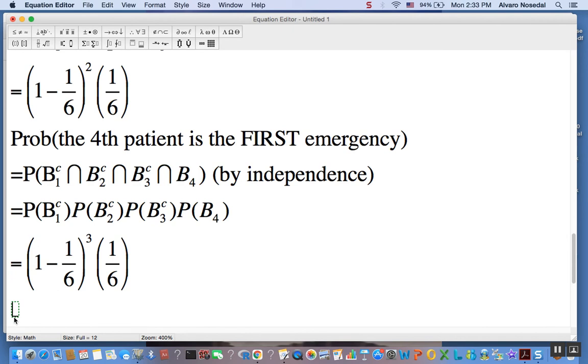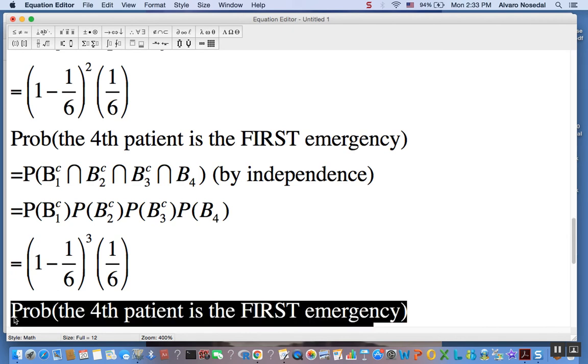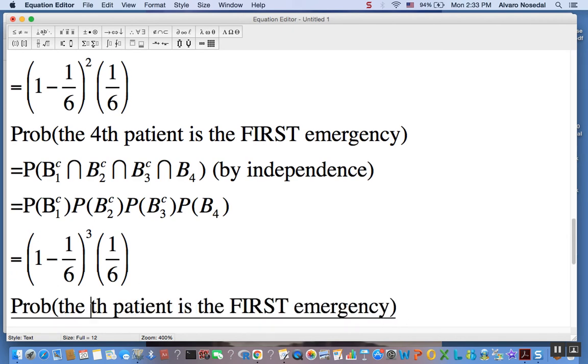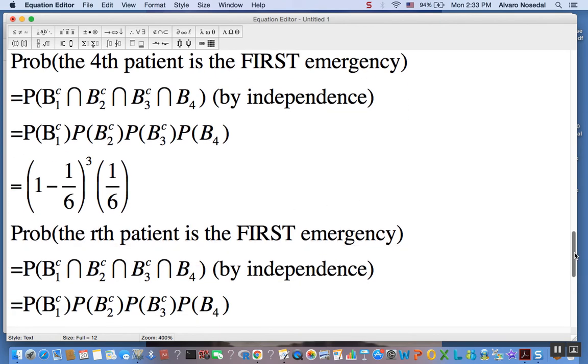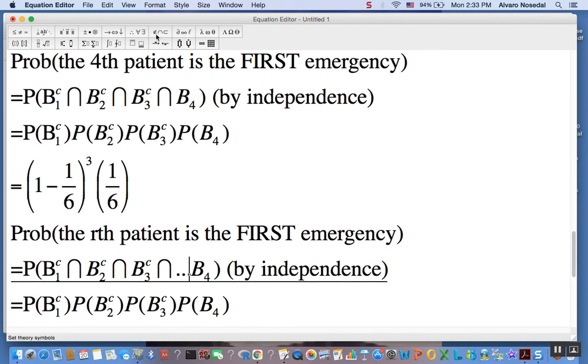So the probability that the rth patient is the first emergency is this, and then we have dot dot dot, right? How many of these we're going to have?